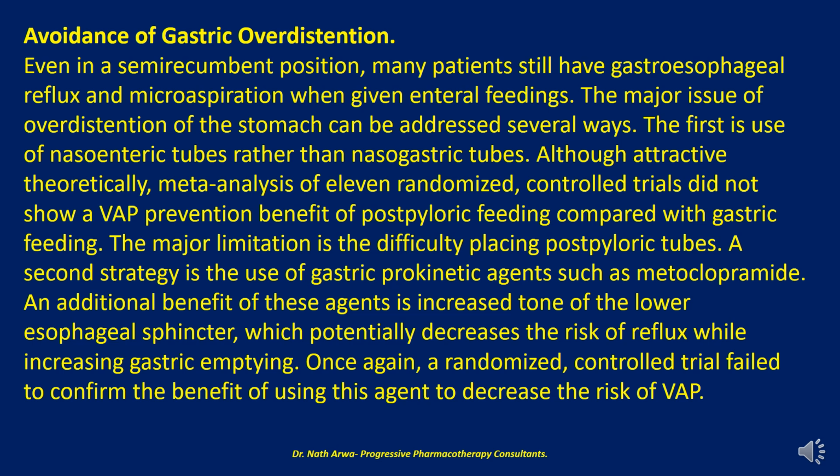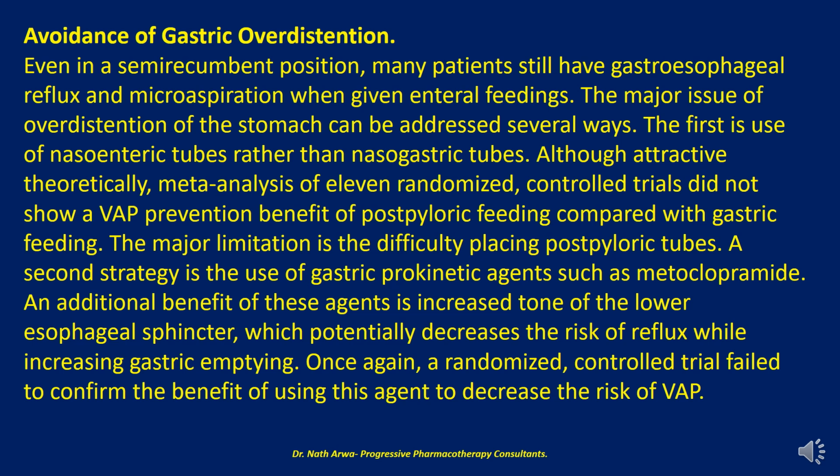The first is use of nasoenteric tubes rather than nasogastric tubes. Although attractive theoretically, meta-analysis of 11 randomized, controlled trials did not show a ventilator-associated pneumonia prevention benefit of post-pyloric feeding compared with gastric feeding. The major limitation is the difficulty placing post-pyloric tubes.